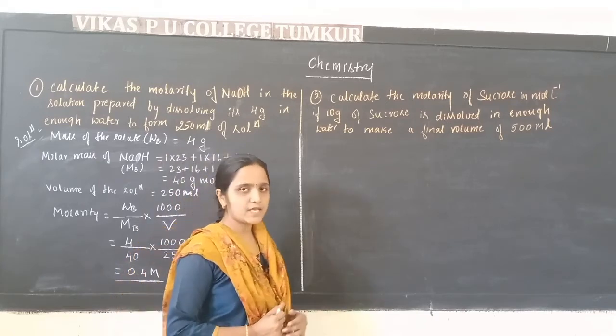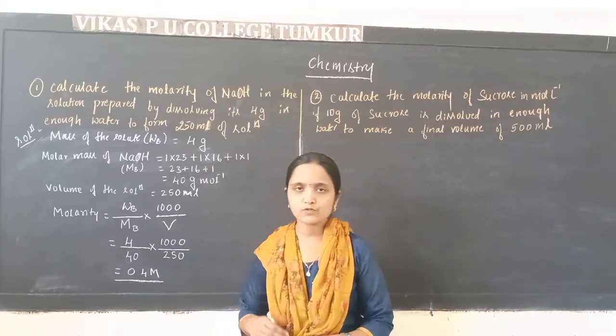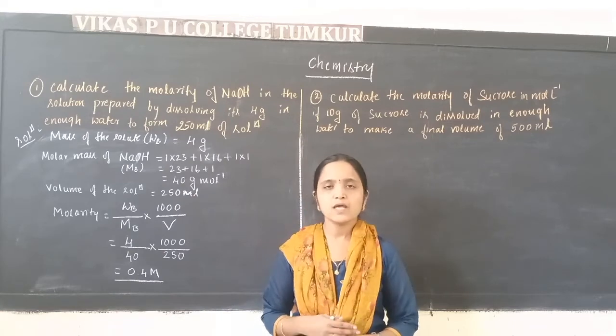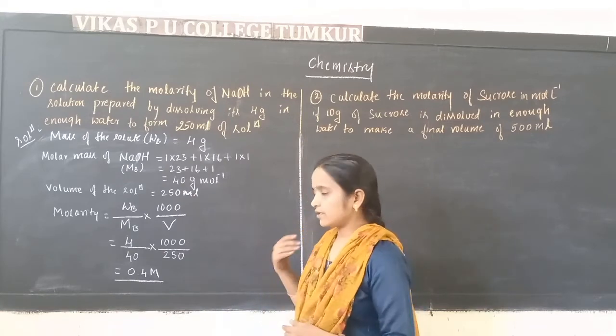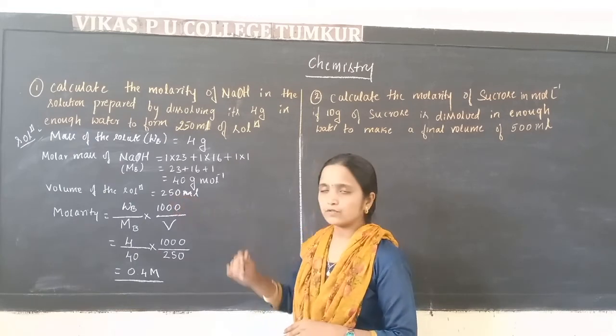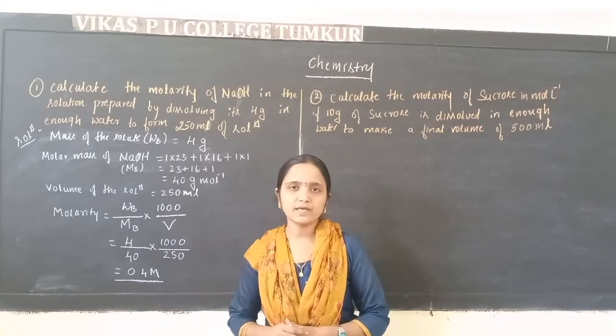In this also the same procedure: where the mass of the solute is given, you should find the molar mass of sucrose, write the volume of the solution given, then find the molarity.